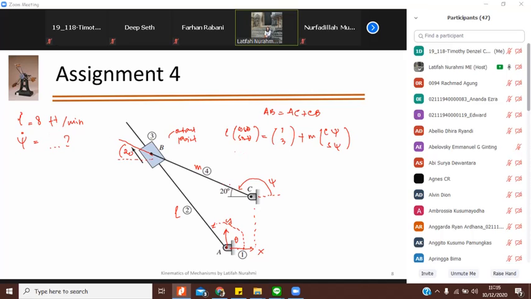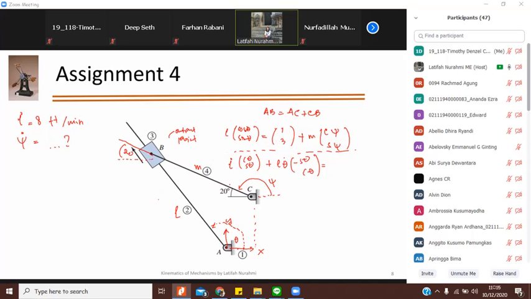Okay, so now from here, we derive this with respect to time. So we get L dot cos theta sine theta plus we get L theta dot minus sine theta cos theta, right? Remember, this is a partial derivative.